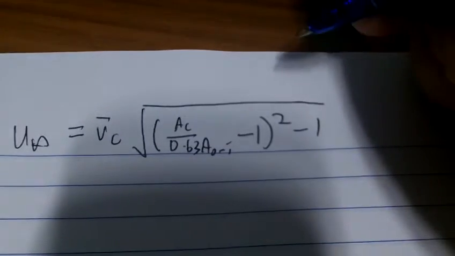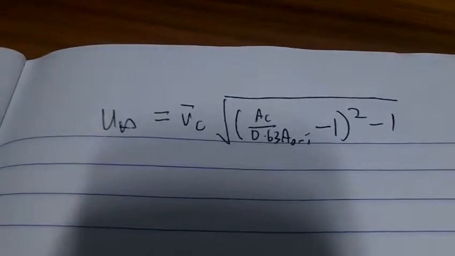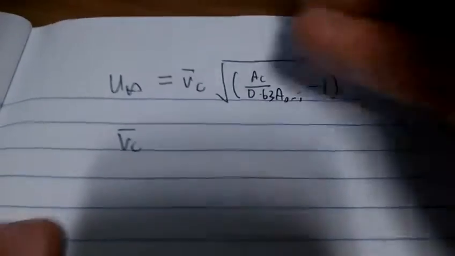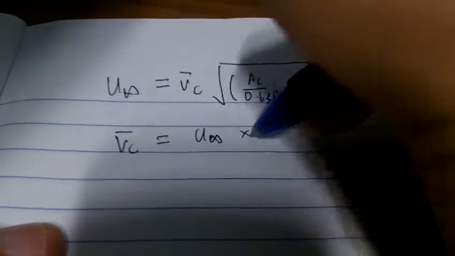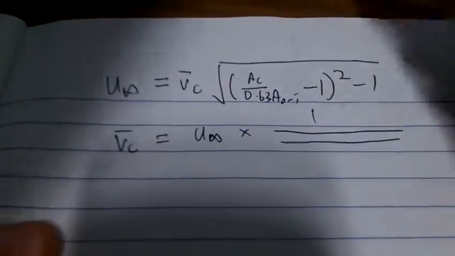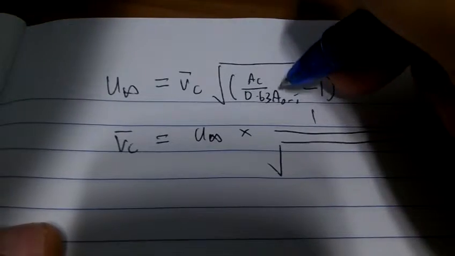Now once we square root both sides, you can find that Vc is just U infinity times 1 over the root of whatever this thing is here.